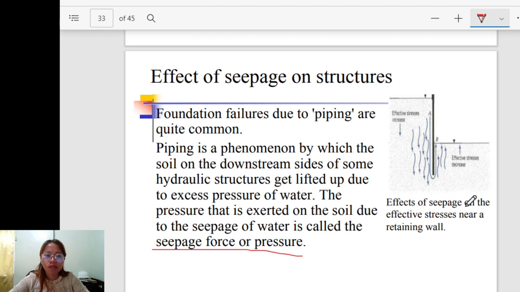These are the effects of seepage and effective stresses near a retaining wall. If this is the retaining wall, there is an excess pressure on the upstream side. The tendency is for the retaining wall to overturn because of the excess pressure due to the seepage of water. Overturning is the effect.